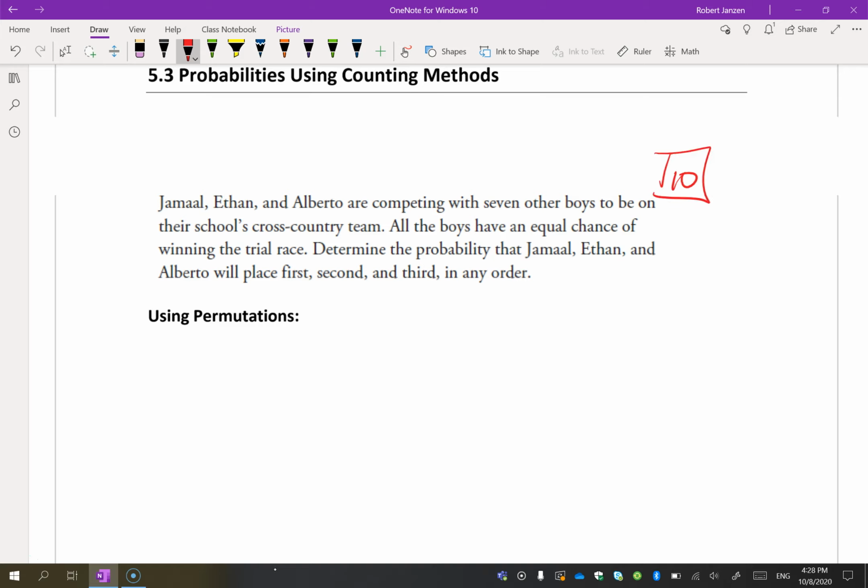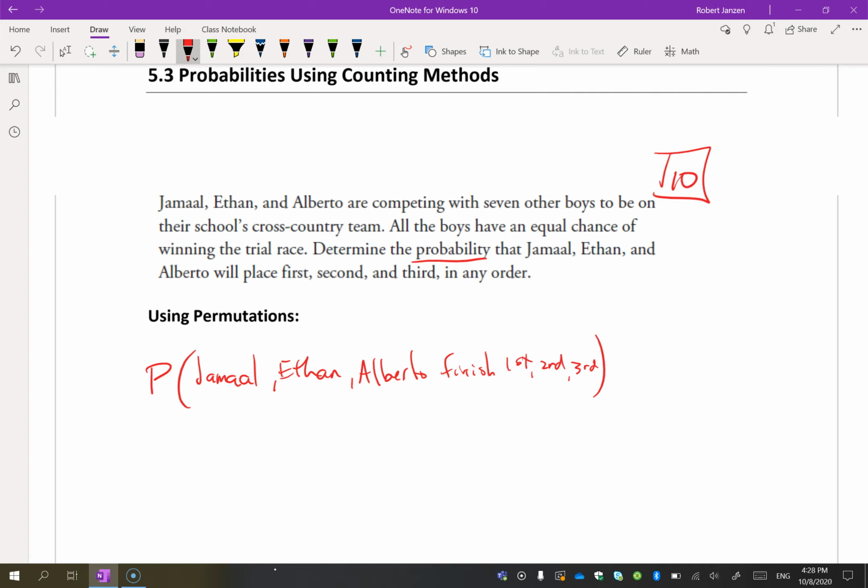Okay, all the boys have an equal chance of winning the trial race. Determine the probability that Jamal, Ethan, and Alberto finish first, second, third.